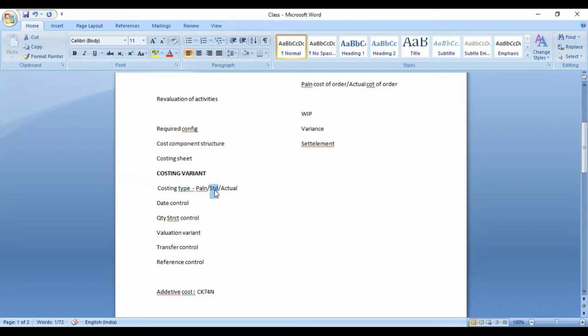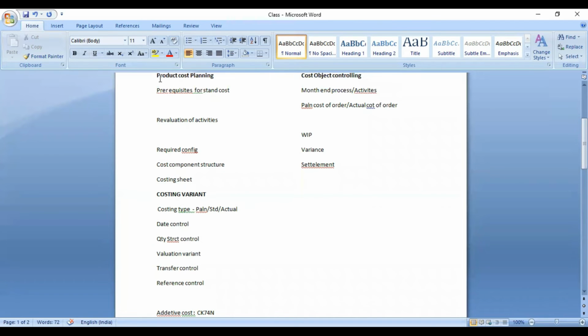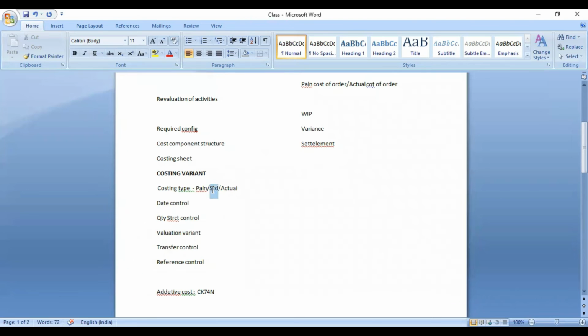This is the main purpose: standard cost estimation. Everything under product costing is done for standard cost estimation, because the system only considers this standard price. We get the target cost based on the standard cost only. Without this standard cost, we cannot do anything.